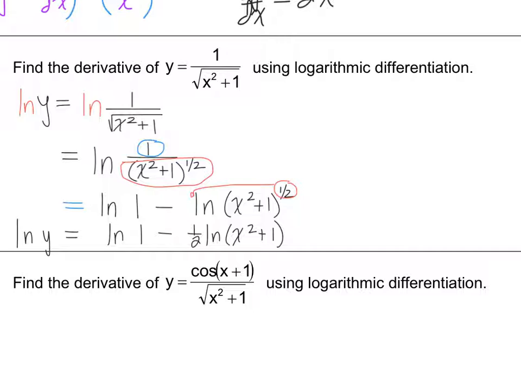And it might look like this is not making the situation better, but we already know what this side is going to be. The ln of y: 1 over y times dy dx. All right. What would be the derivative of the natural log of 1? 0.